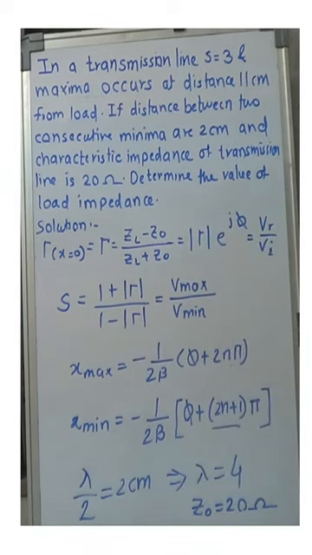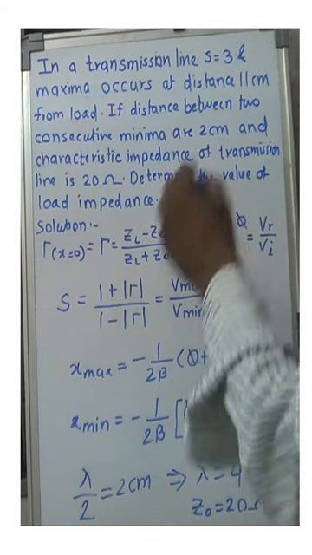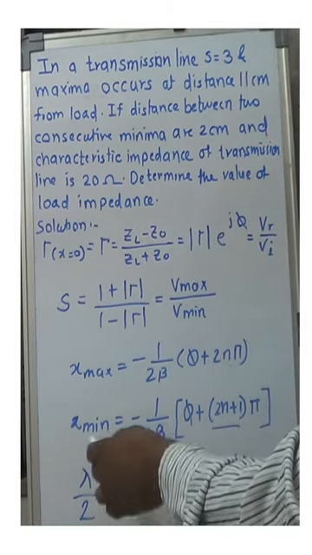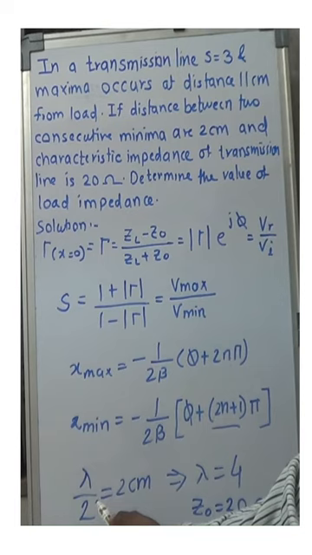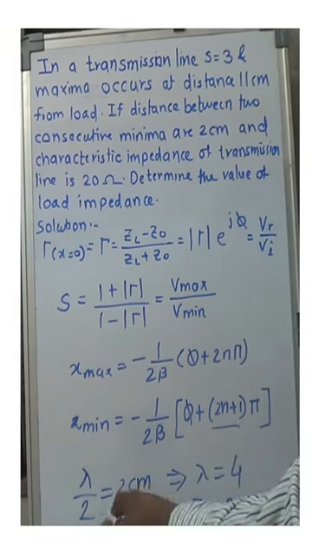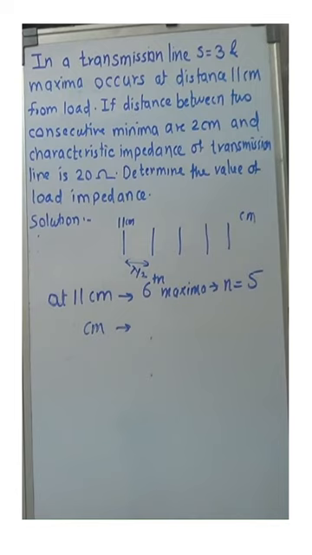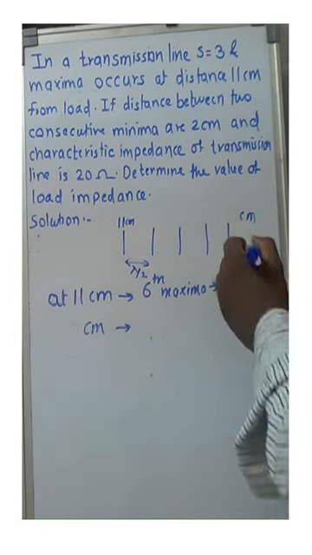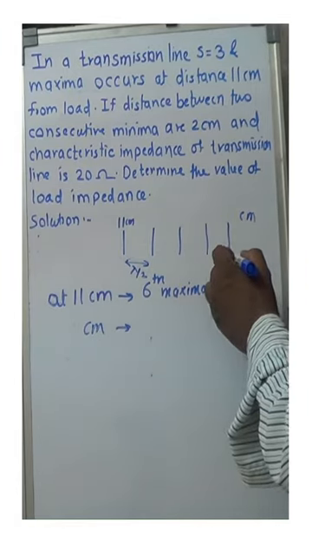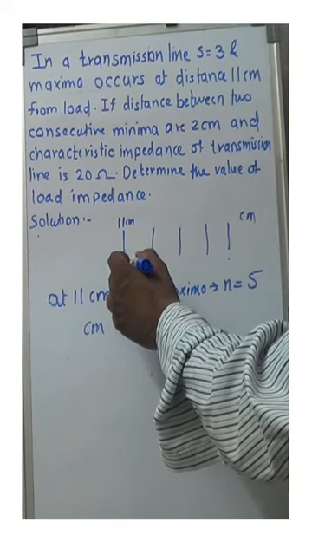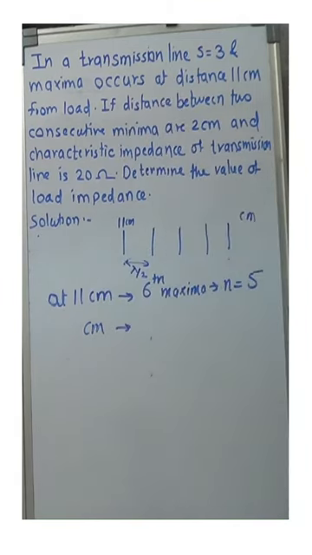So here the distance between two consecutive minima is given, that is 2 centimeters. So we got lambda is equal to 4, and Z0 is equal to 20 ohm. From x is equal to 0 to x is equal to 11 centimeter, at 11 centimeter maxima occurs.